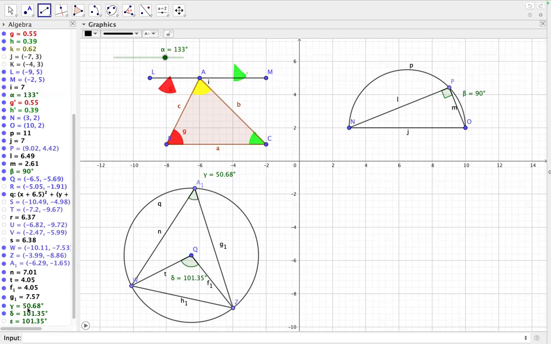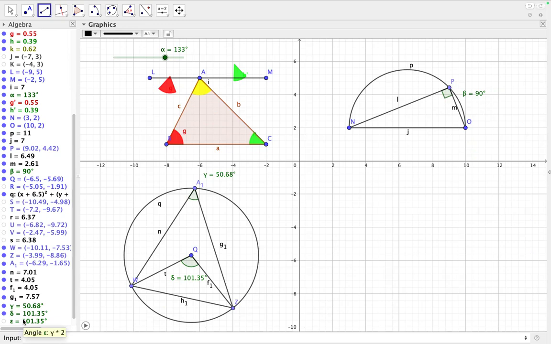And over here, you see gamma is 50, right? Delta is 101. And when I did gamma times 2, which is this epsilon here, I got the same value as delta. When I put my cursor on epsilon, it tells me epsilon is gamma times 2.